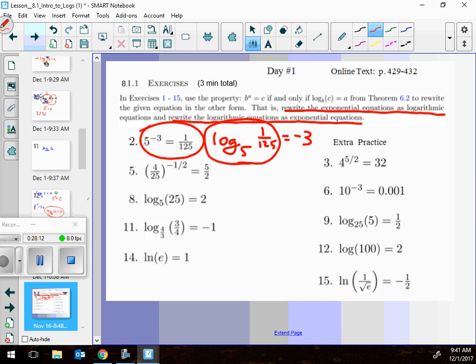Okay, let's move on to this one. That one is already exponential. So I should rewrite it as a log. So log, what's the base? 4 of what? 32 is 5/2.